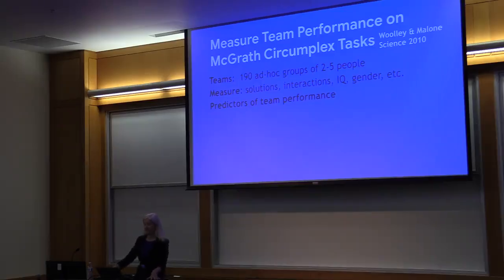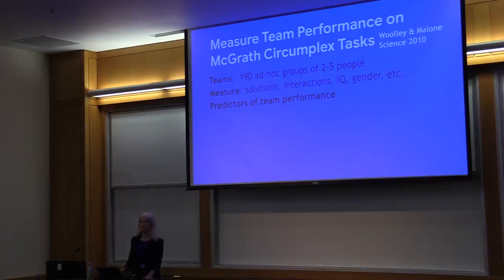And then they had measurements of the solutions, the interactions of those teams. They judged the solutions of the teams. They judged the interactions. So they recorded them and then scored them. And then they had IQ and gender and et cetera. And then what do you think the #1 predictor of performance of the team was?